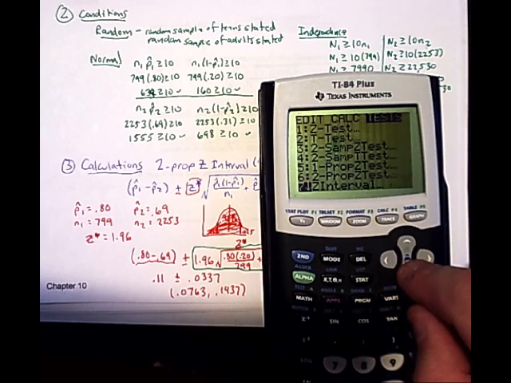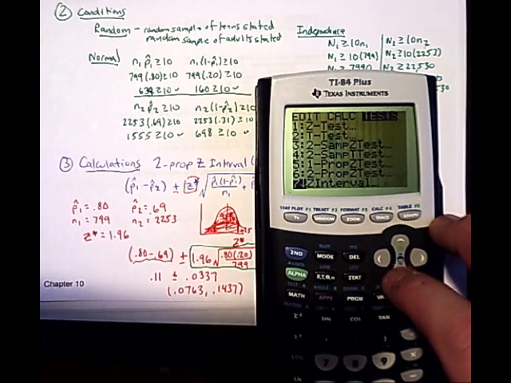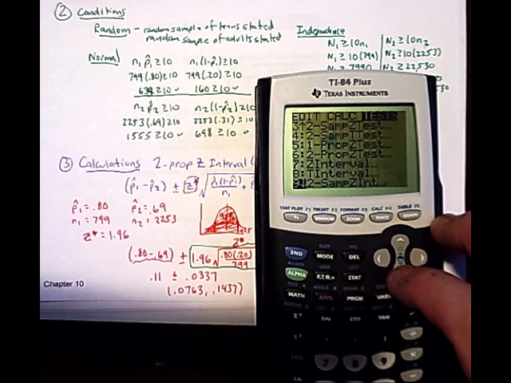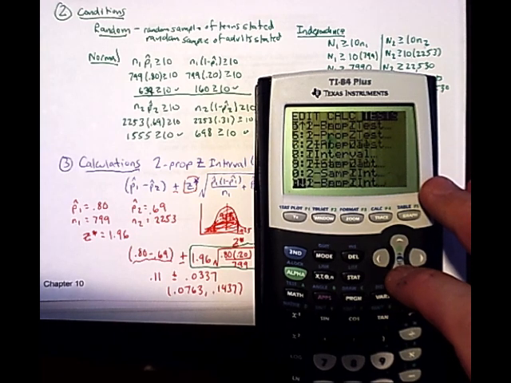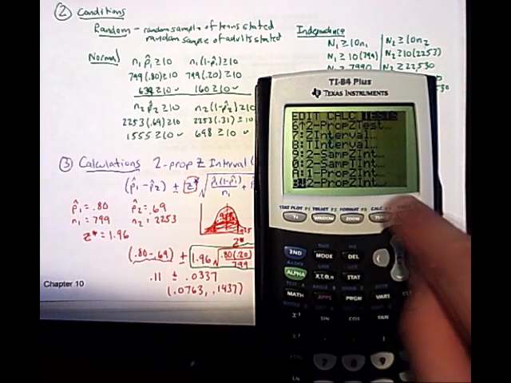You might be tempted to choose Z interval, but that's not the right one. This involves two samples using proportions, so we're going to look for 2 prop Z interval. There we go, letter B, 2 proportions Z int.